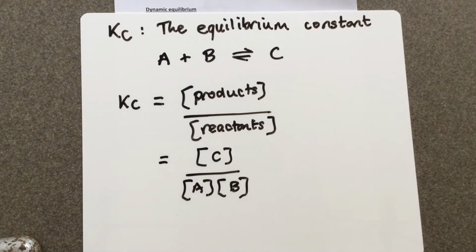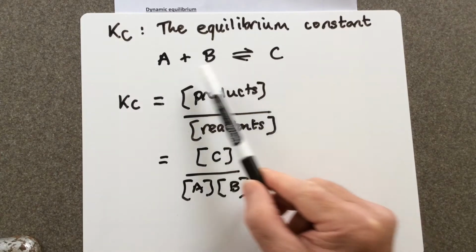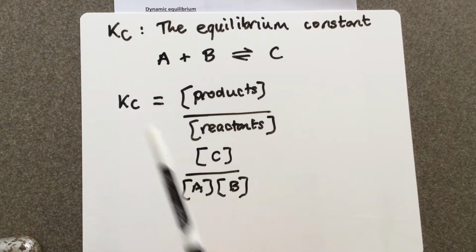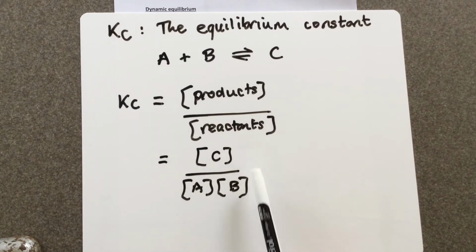So the moment you've added the B, you've disrupted the equilibrium. And it has to change. And it has to change in order to keep Kc constant. I have to bring back this equilibrium, this ratio, to the original value.